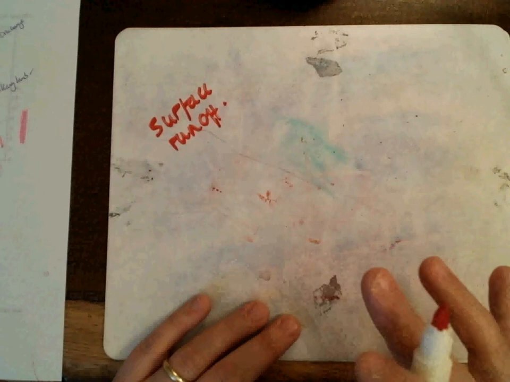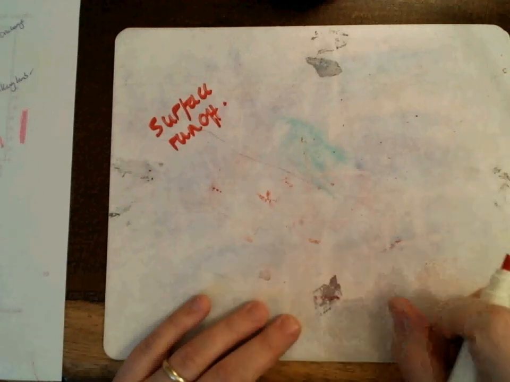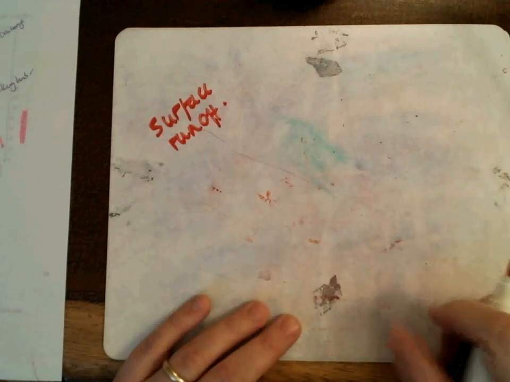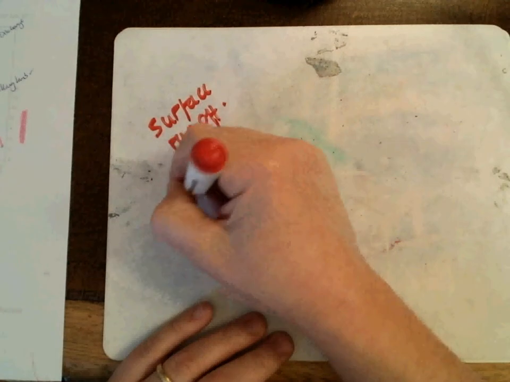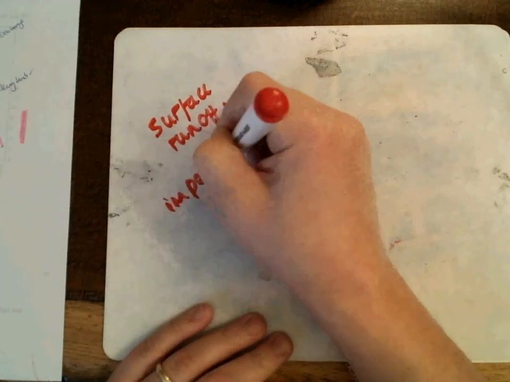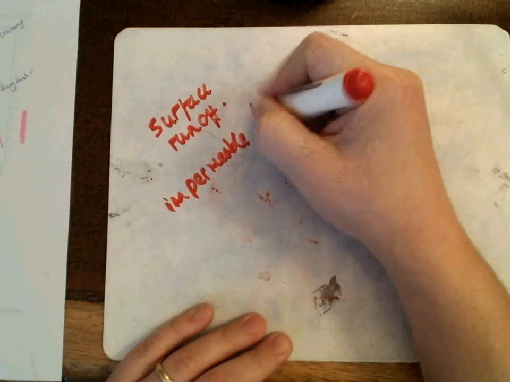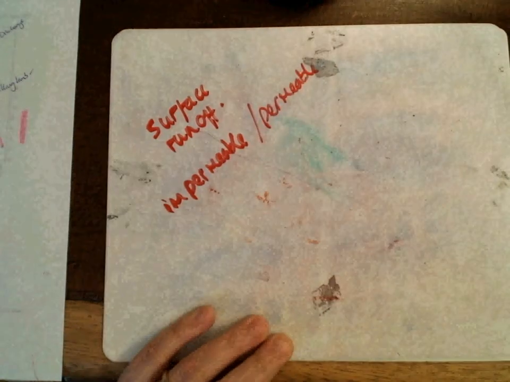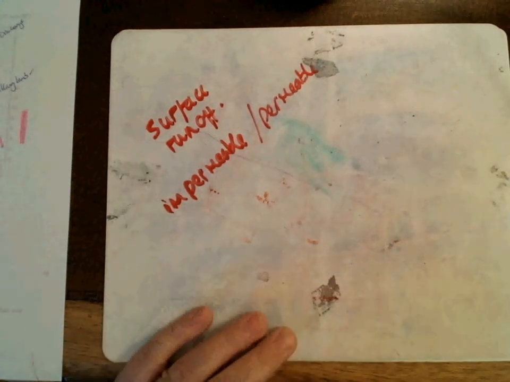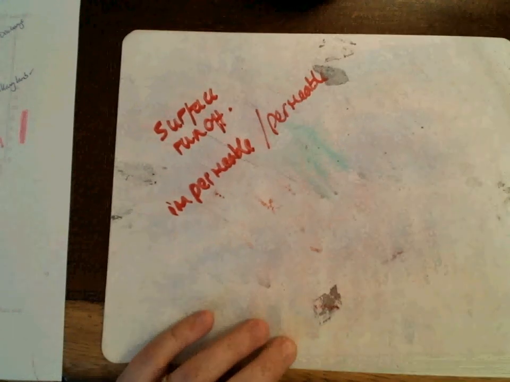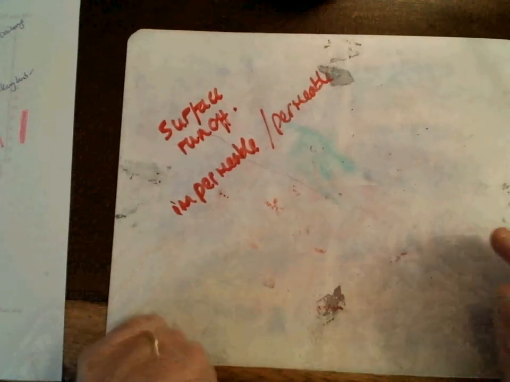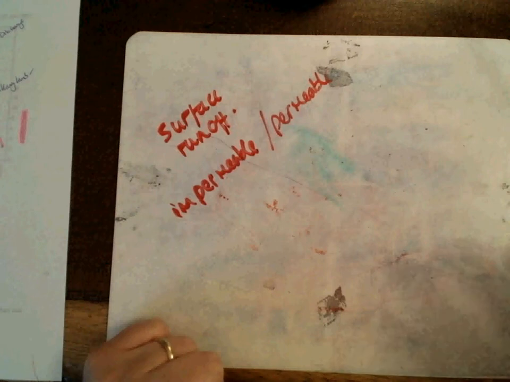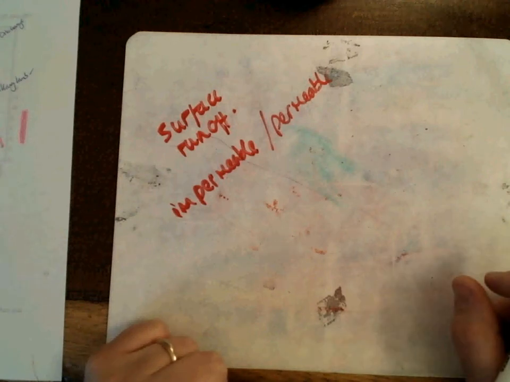It is sped up or slowed down according to what surface it is running off over. Is the surface impermeable or is it permeable? Concrete and rock can be impermeable, but soil can be permeable.